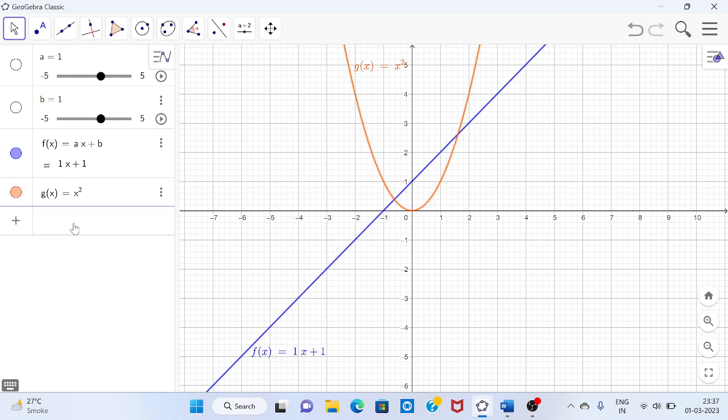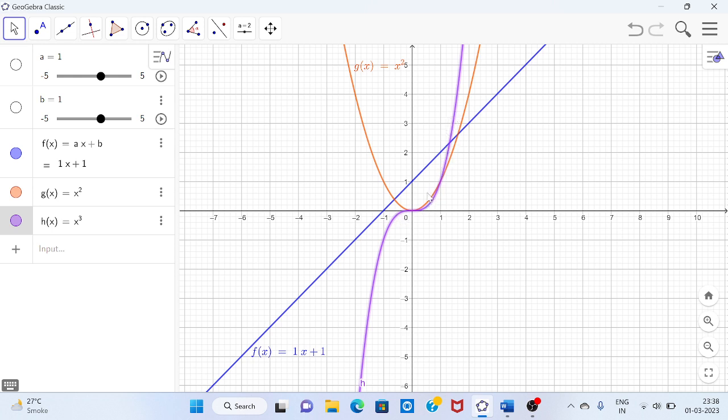The next function that we have is a cubic function. So let's take h of x equal to x to the power 3. We have seen that this x cube will always lie on both sides, negative as well as positive.